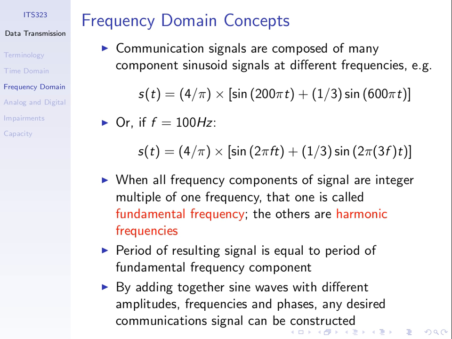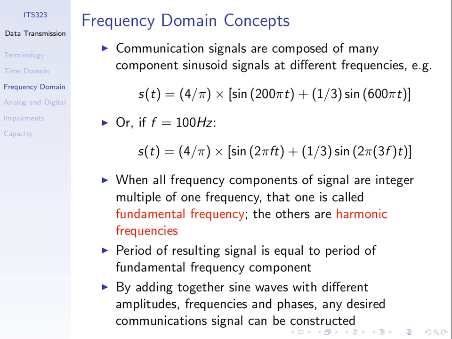And of signal 2, the frequency is 300 hertz. 2 pi ft, 2 times pi times 300 gives us 600 pi t. Separately, if we have two signals, S1, S2, they have some peak amplitude, they have 0 phase, they have different frequencies. Note, F2 equals 3 times F1.